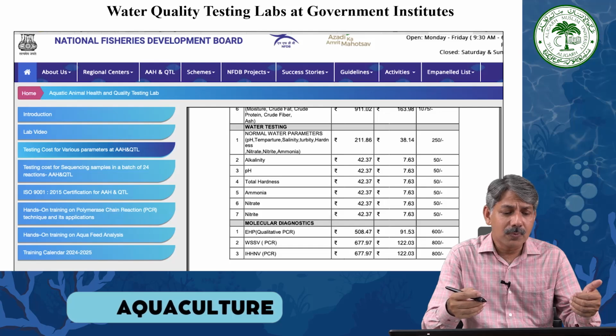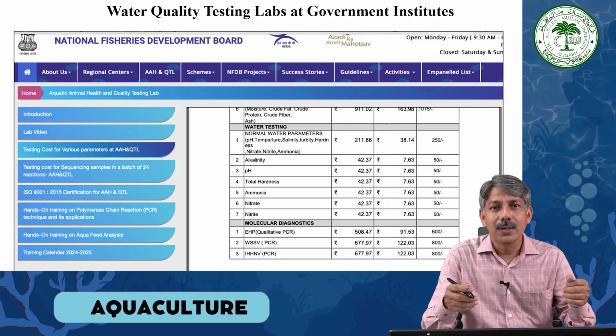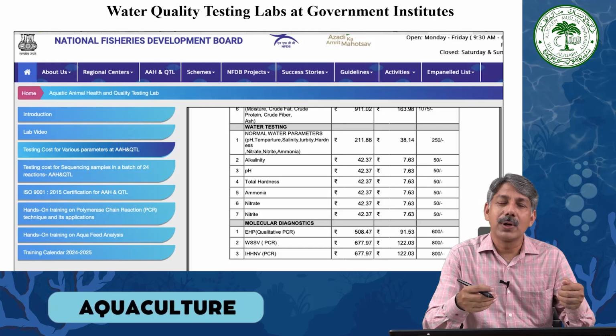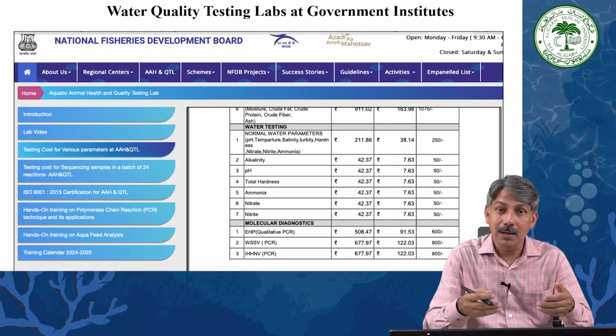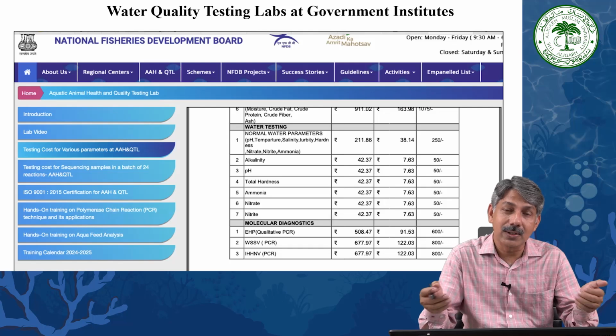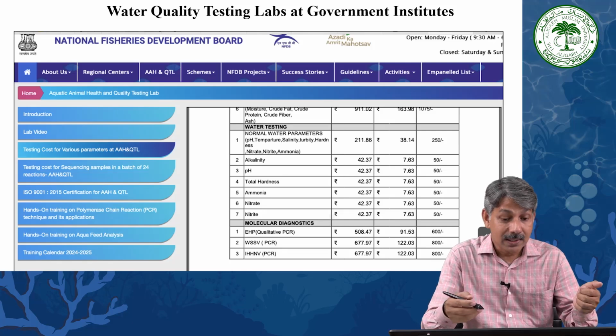There are a large number of agencies which analyze the water and soil quality, and I am talking about government agencies. There are many private agencies as well, but there are many government agencies which can do the job very effectively and in a very accountable manner, you can say, at many places.